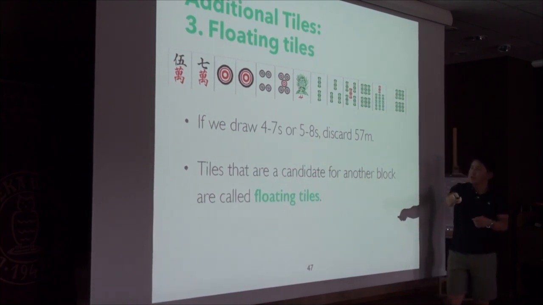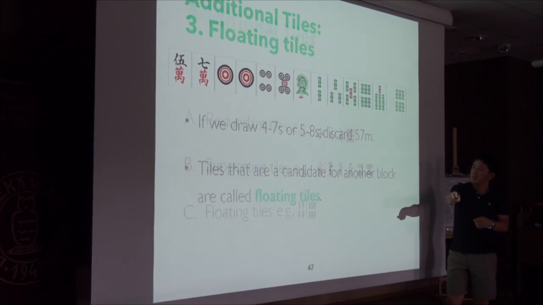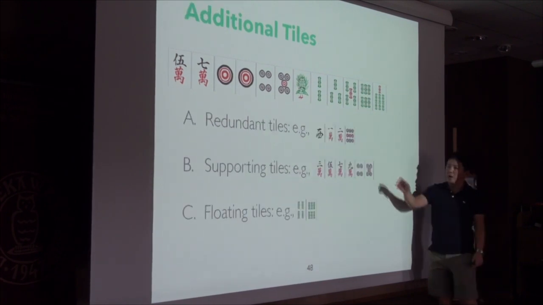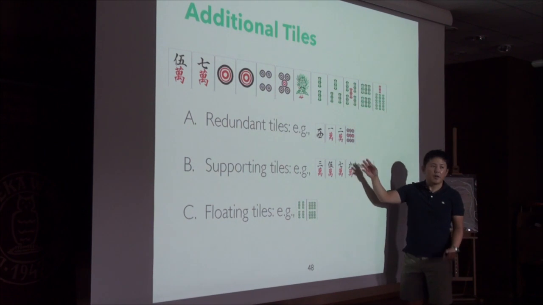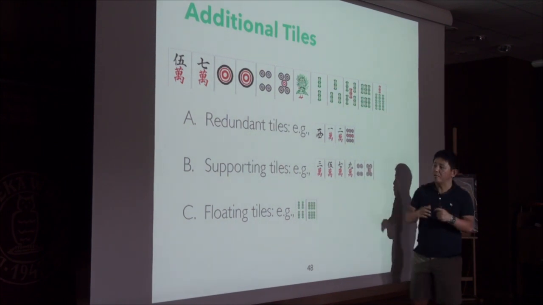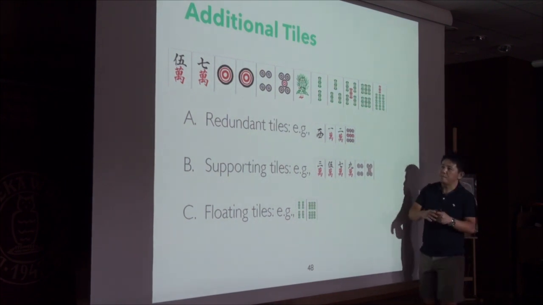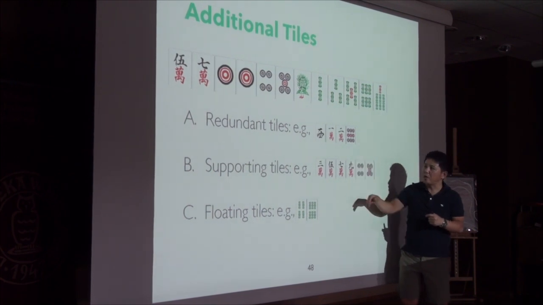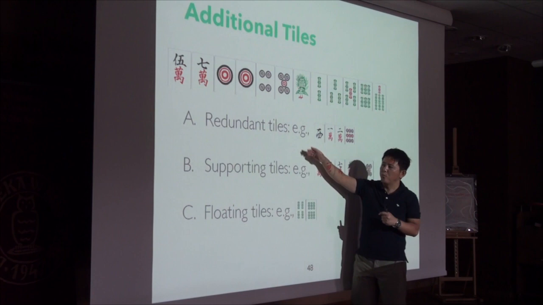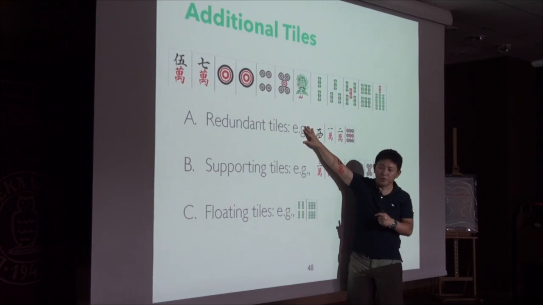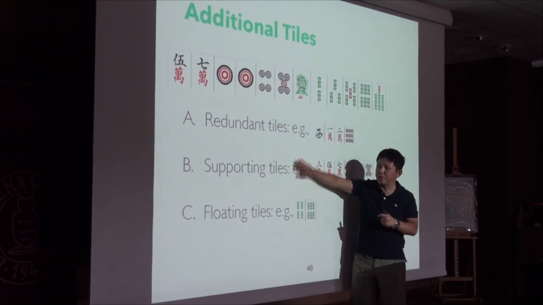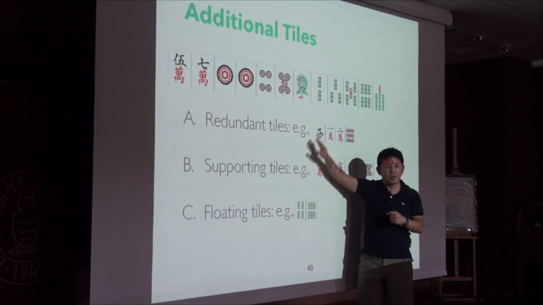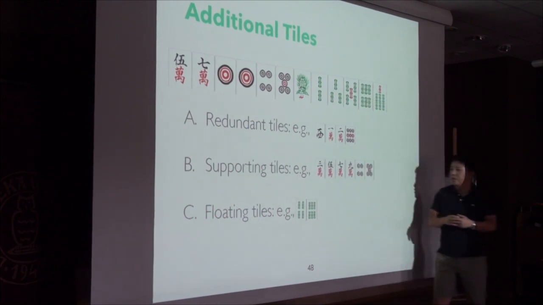So now that we can distinguish among 3 different kinds of additional tiles, right? When we have exactly 5 blocks in the hand, we choose among them. So we're going to talk about when this is more important than this, or when this is more important than other kinds of additional tiles, right?